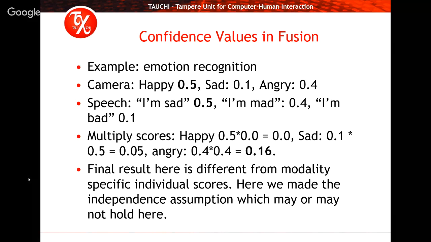Sad, we get the low confidence from the camera, so we get very low confidence together. Angry, we actually get decent confidence from both of those, so the angry is the most likely based on the two different modalities. So the separate modalities told one thing and the other, but when we combine, we get the most likely as something different from both of those.